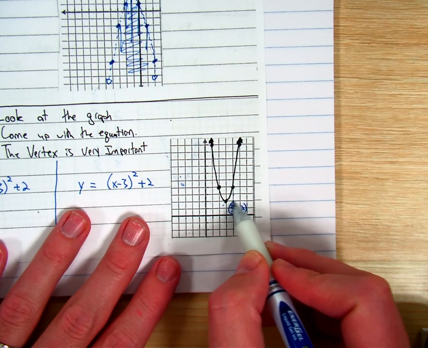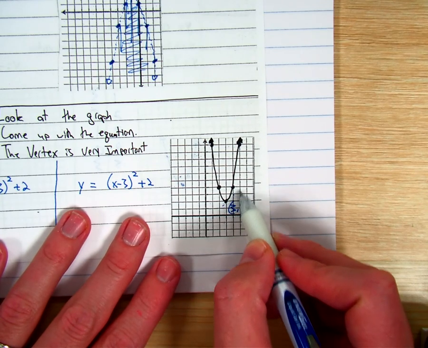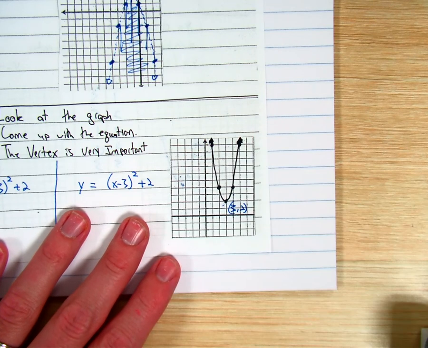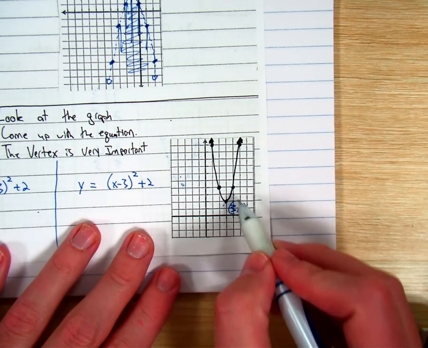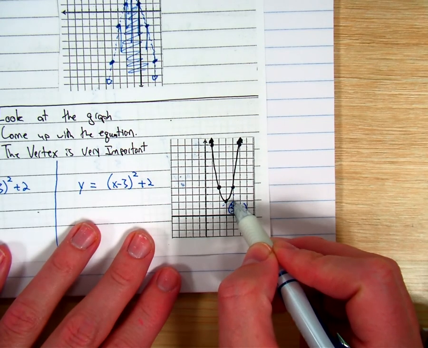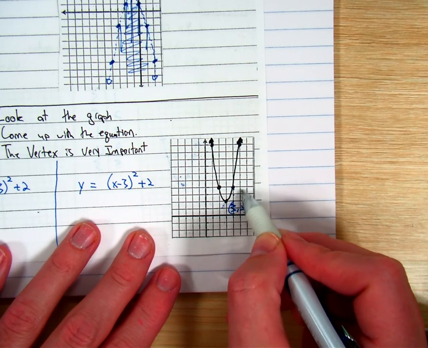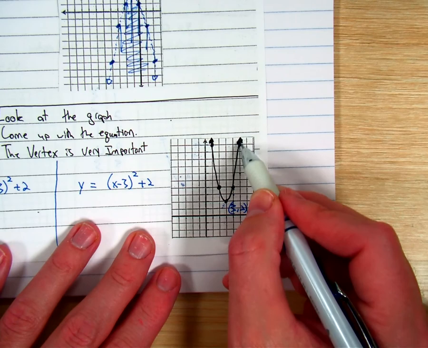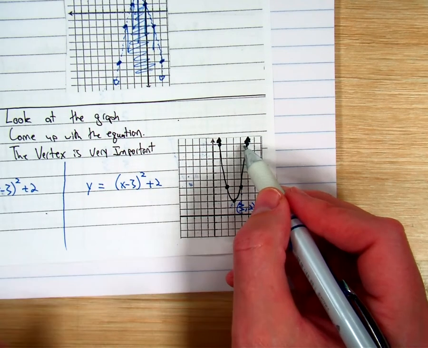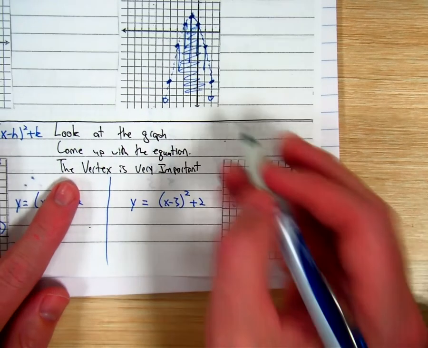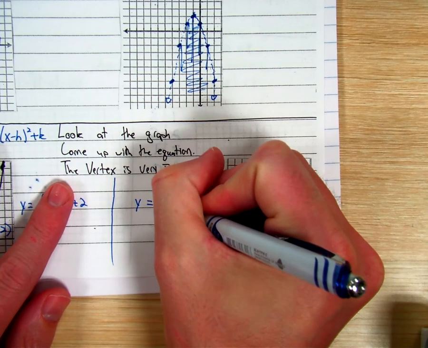If I go over 2, we're up 8. That is twice as much, right? Normally if I go over 1, I'm going to go up 1. But this time I went up 2. Normally if I go over 2, we're going to go up 4. But this time I went up 8. So I went up twice as much. So we're going to have a 2 times multiplier in the front.